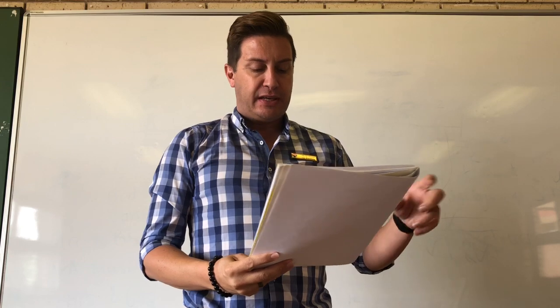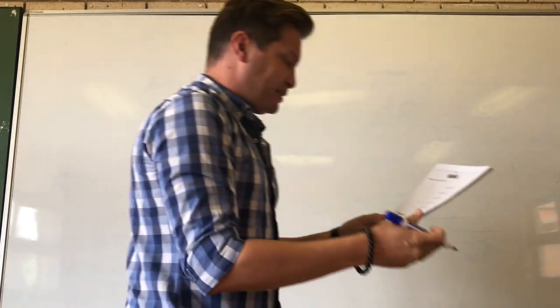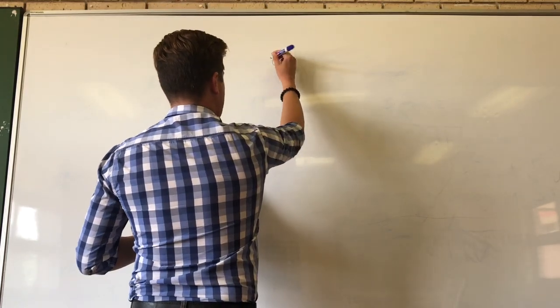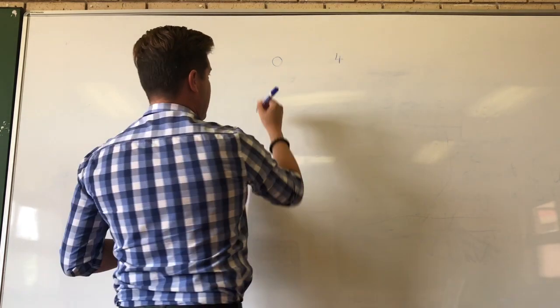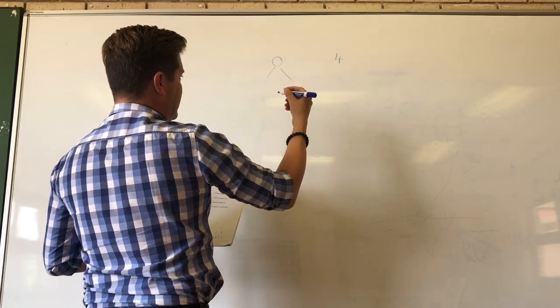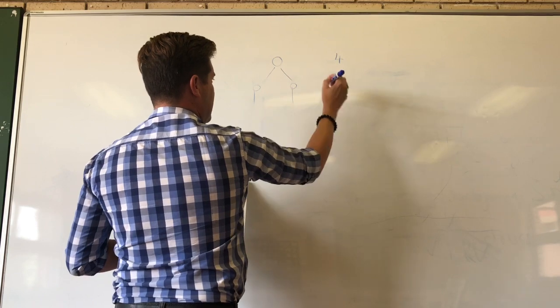If you now go to the second section on page 1 called the time value chart, I want you to connect the notes in a pyramid. In other words, at the top you'll have the semi-breve that is valued at 4 counts. One semi-breve has the same value as 2 minims.